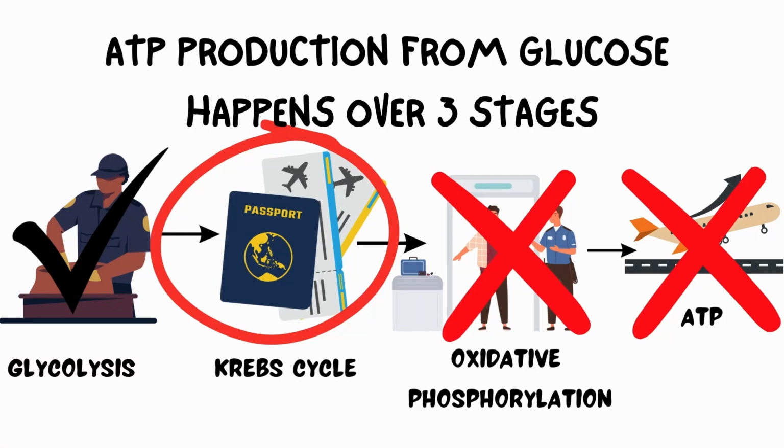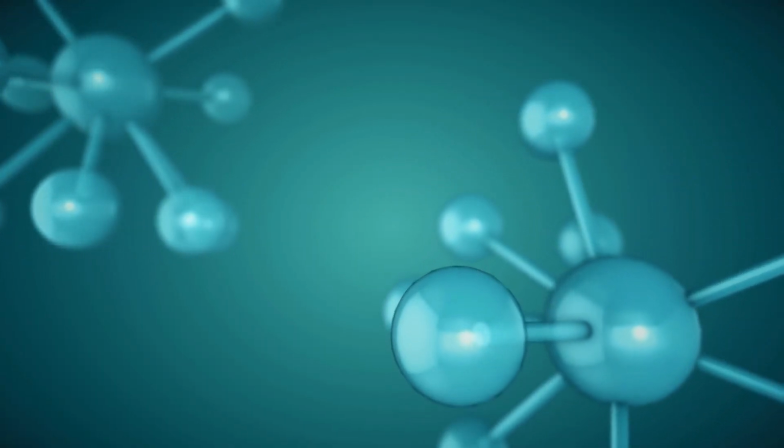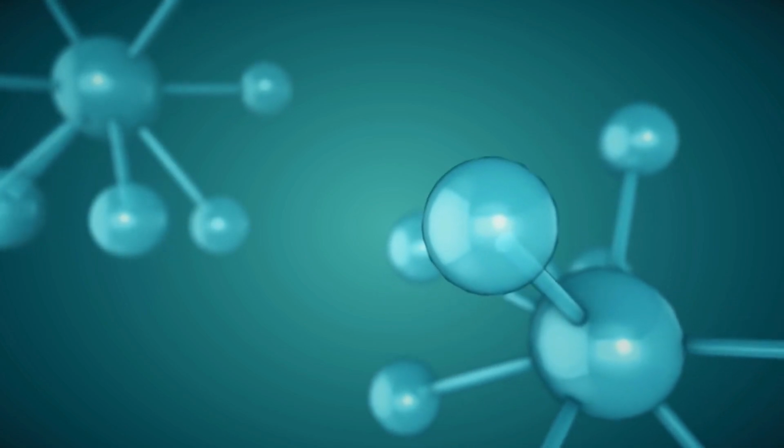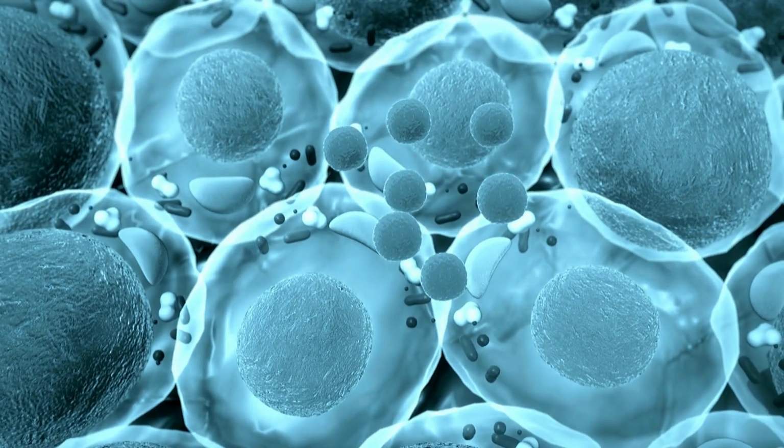Now the second step is where we check our boarding passes. Now the travelers that have a boarding pass can proceed to the next step. And those that don't have a boarding pass must find an alternative way of getting on the plane. So in this situation, the boarding pass is oxygen. In cells that have oxygen, they can do aerobic respiration.